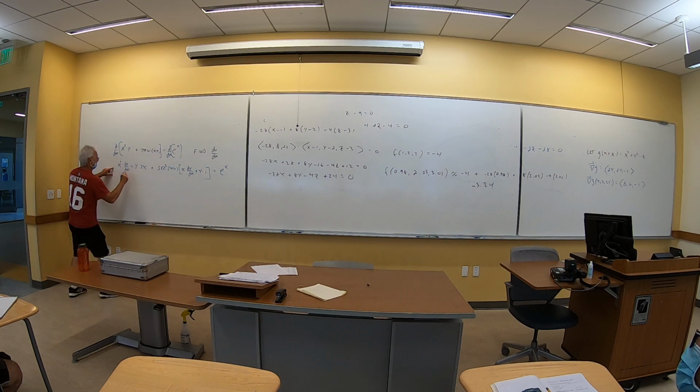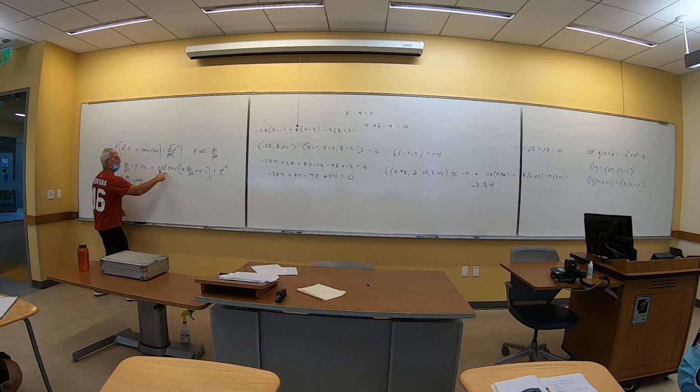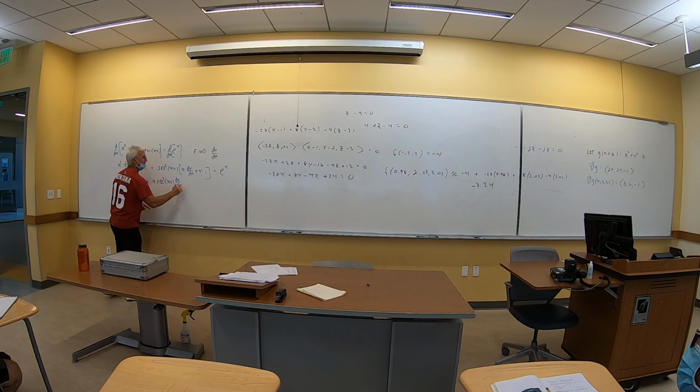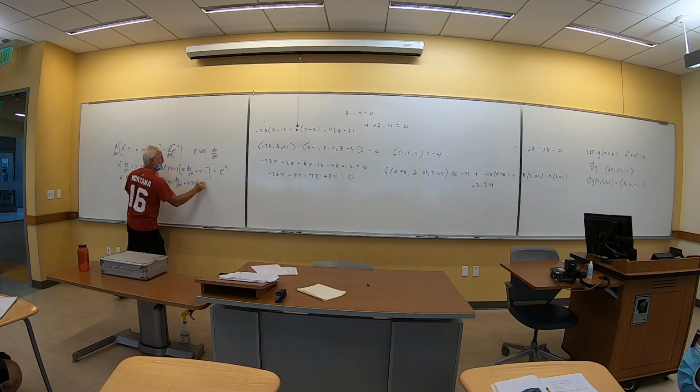So let me clean this up a little bit. So that's x squared dy dx plus how about 2xy? So how about I write this one as x secant squared xy times dy dx plus y times the secant squared of xy, and that's all equal to e to the x.